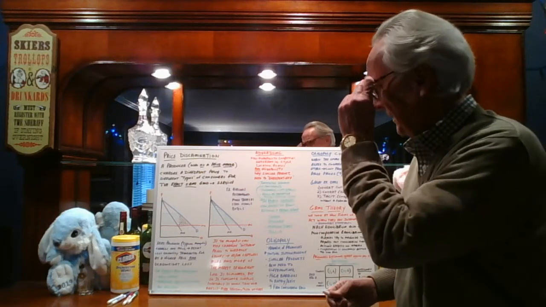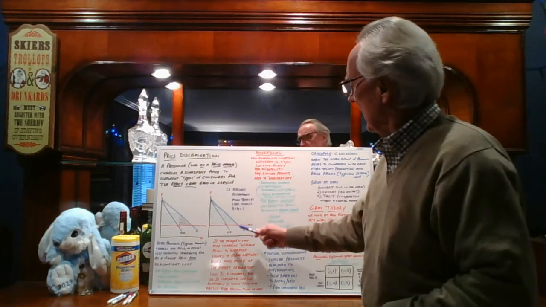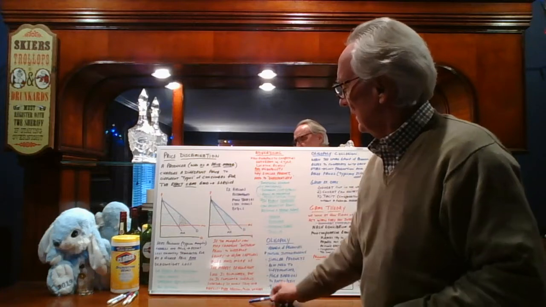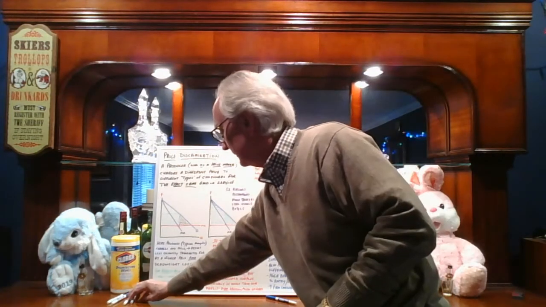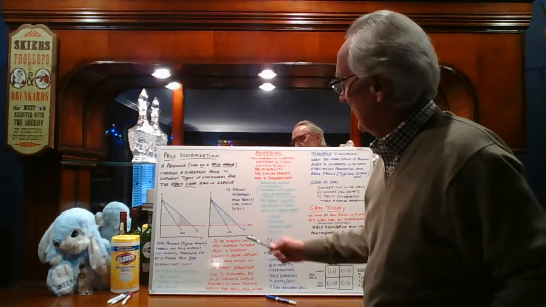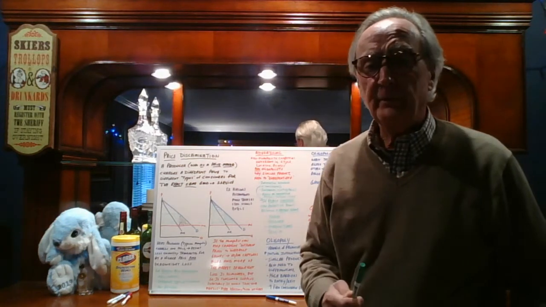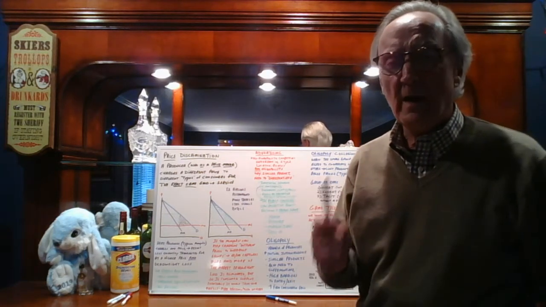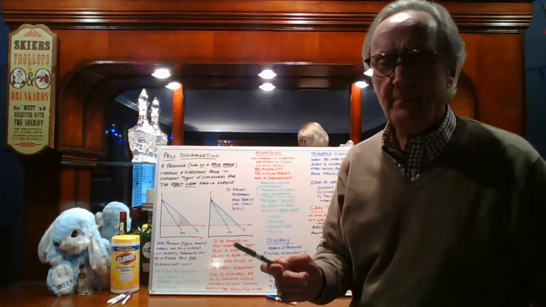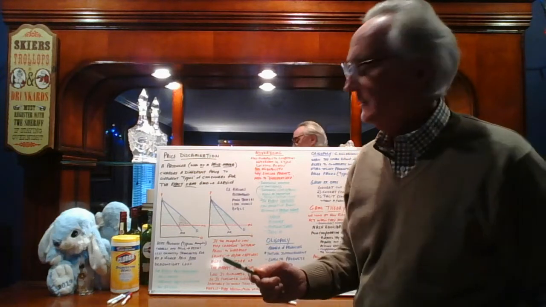And what I've done is fill in all the boxes. This is an example of what we have when a monopolist can find out what every single different type of consumer is willing to pay.